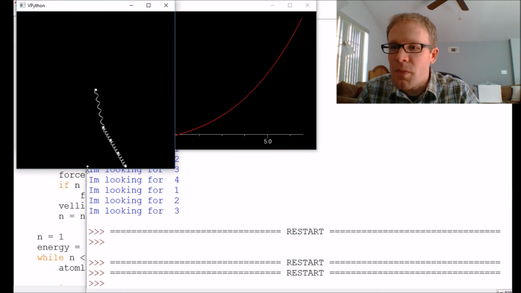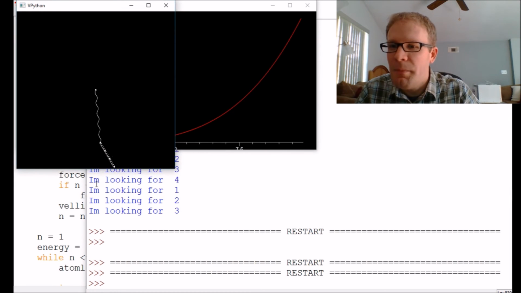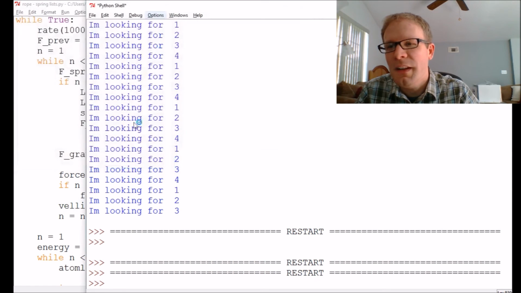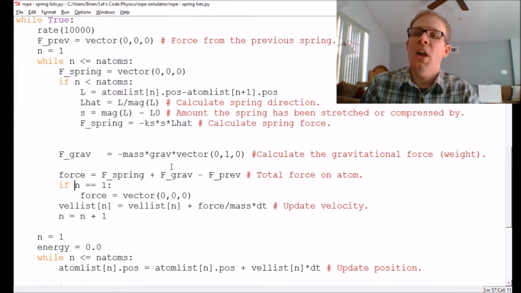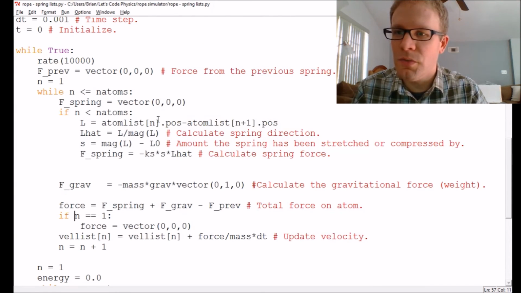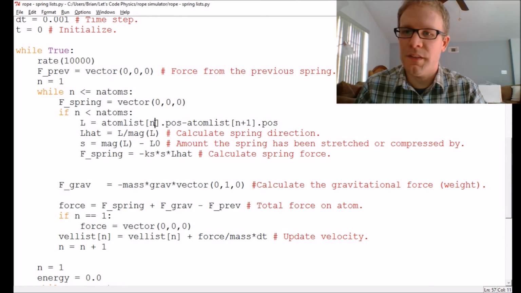Okay. Oh my. What is happening to that first one? Why aren't they swinging? I don't believe that's supposed to be happening. No, that's not a rope that I know. Oh, okay. You know what? I wonder if I need to flip the sign of this thing.